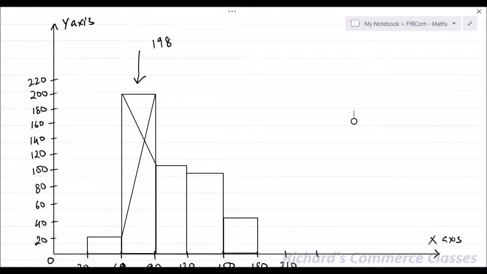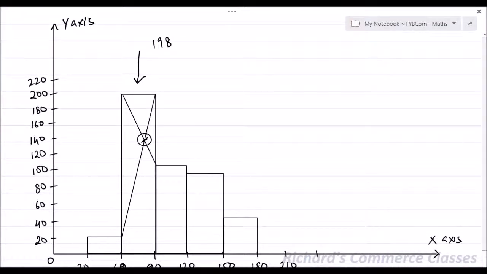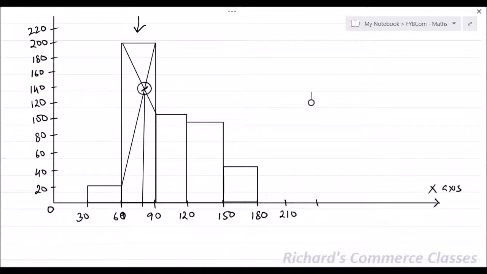Now once that is done, from the point of intersection we draw a straight line to the x-axis. And the point at which it meets the x-axis will be our mode.